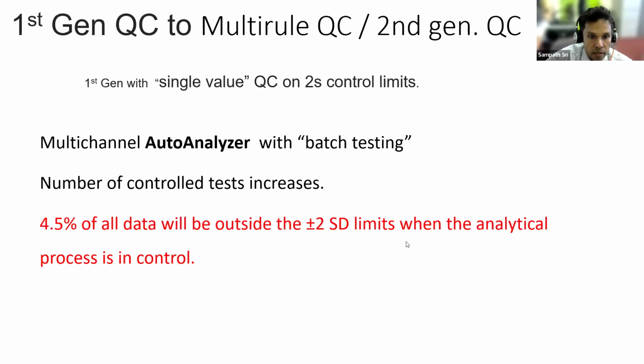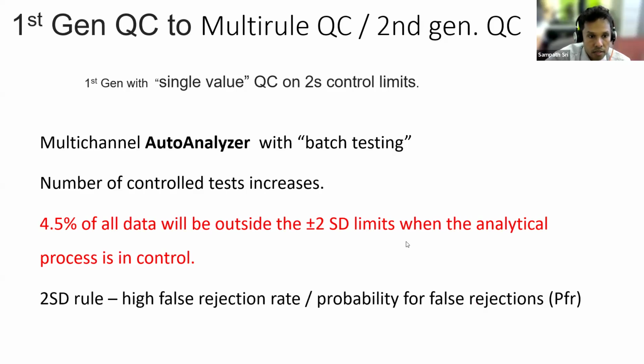Because of that, if we stick to that one rule with plus or minus 2 SD limits as a rejecting rule, 4.5% of all runs will be rejected, because it has a high false rejection rate.